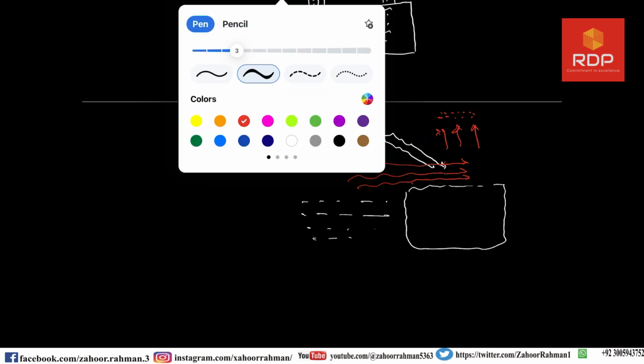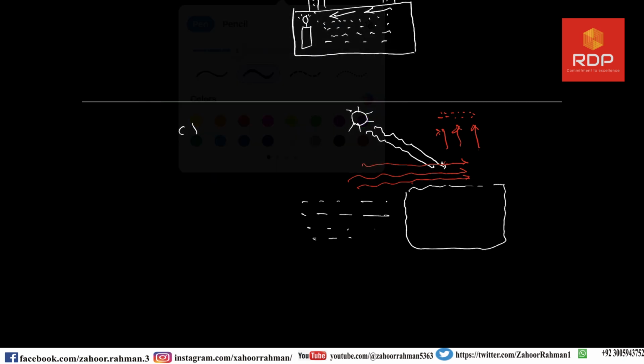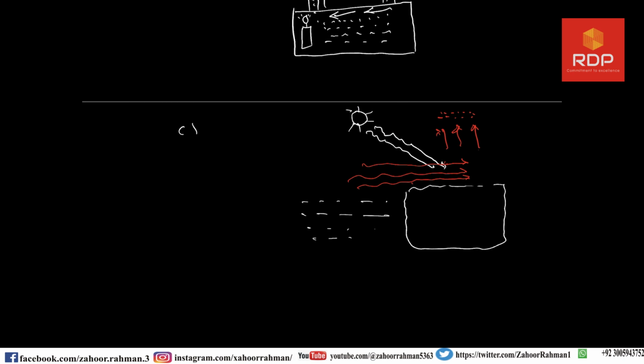But on the other side, if we take this as earth and this as the seawater, then at night time the earth is comparatively colder than the water, the seawater.